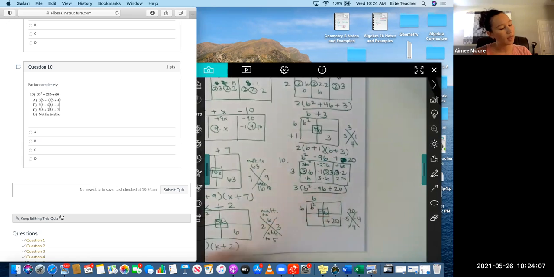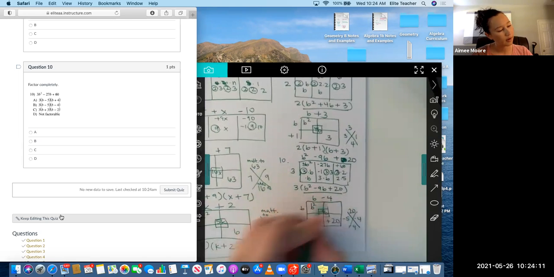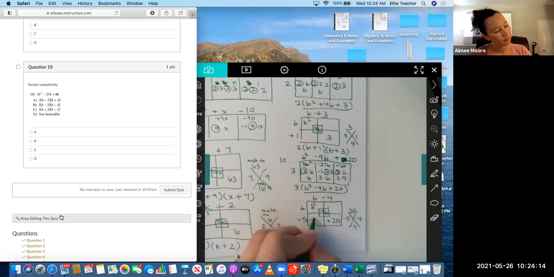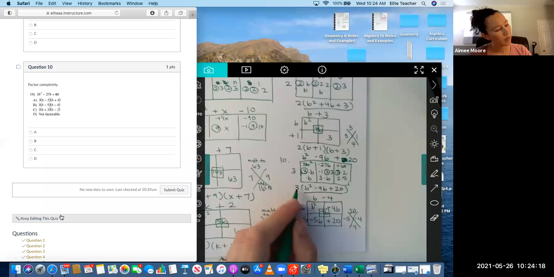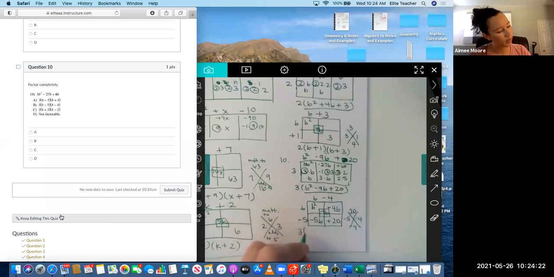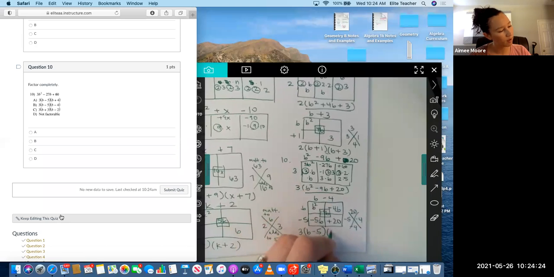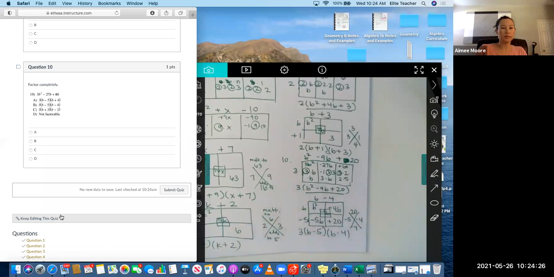Negative 5 and negative 4. That multiplies to 20, that adds to negative 9. So make sure to bring down your common factor from the first factoring we did, and then it's b minus 5 and b minus 4.